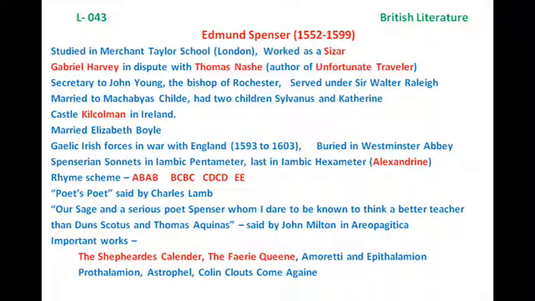As far as the writing of Edmund Spenser is concerned, it developed in three phases. The first phase we see at Cambridge University when he was studying. Second, when he was working as a secretary in London. And third, when he was residing in Ireland.